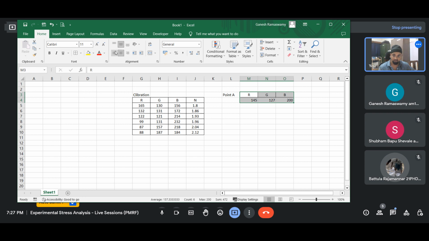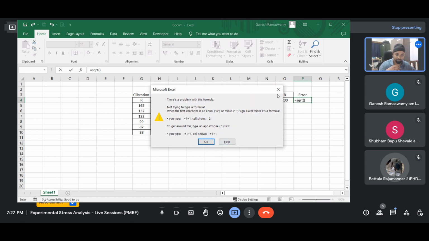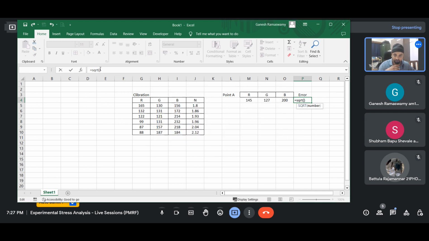Okay, so now let us write the error function. What is the error function? It is nothing but square root of square.